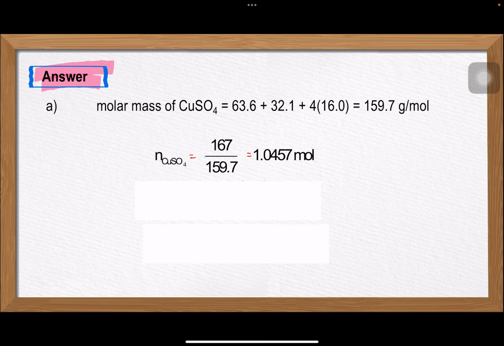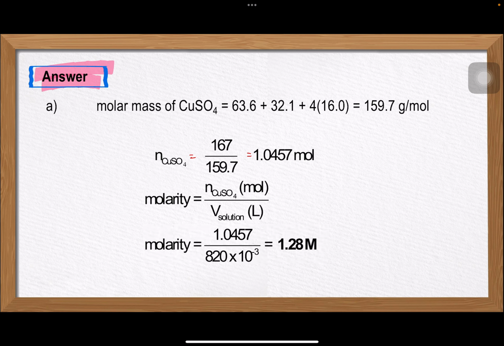From the mole, you can calculate the molarity: mole over volume of the solution, 820 milliliter changed to liter, because molarity is mole per liter of solution. So the molarity is 1.28 molar. Remember, molarity is mole over volume in liter. Volume must be in liter.